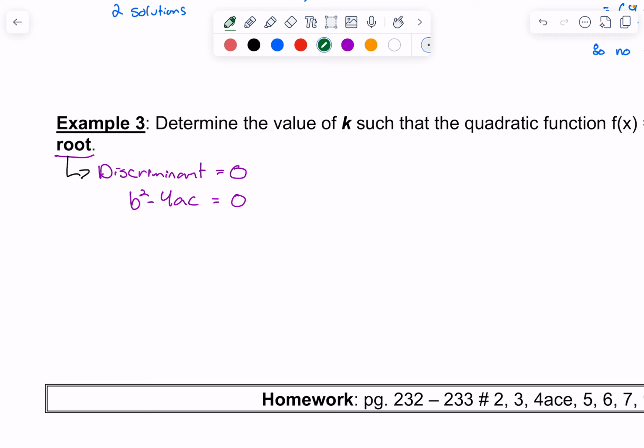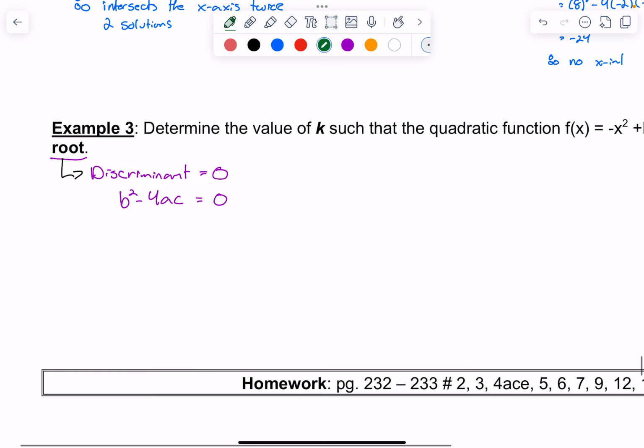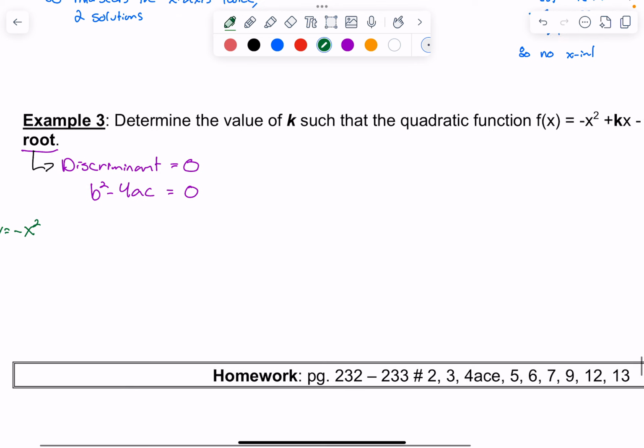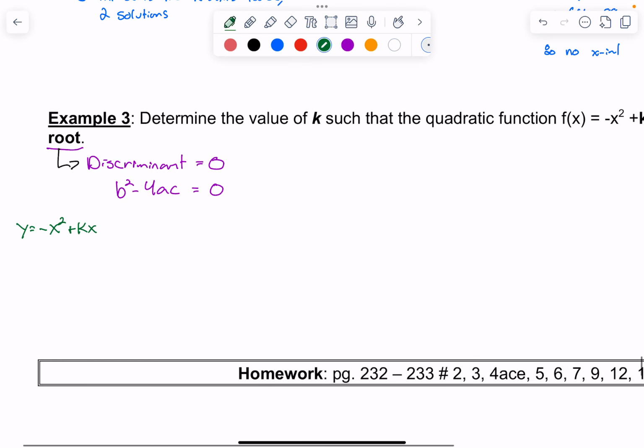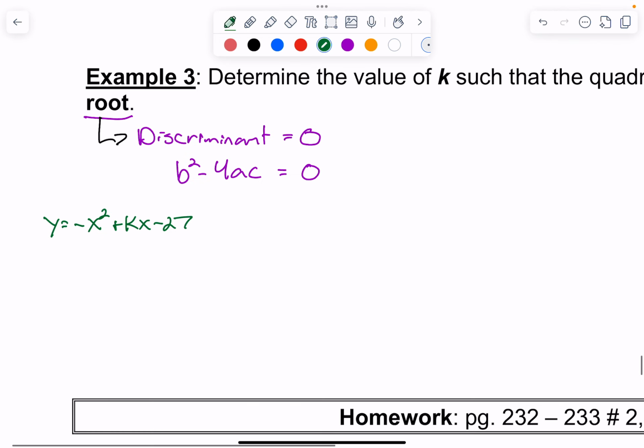Well, if I'm giving you the equation, y is minus x squared plus kx minus 27. Here, our a is negative 1. That k is our b value. So b is technically k. That's our unknown and we're looking for it. And c is equal to minus 27.